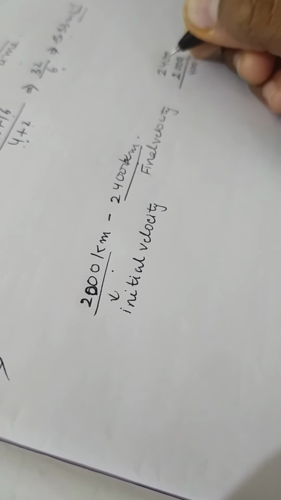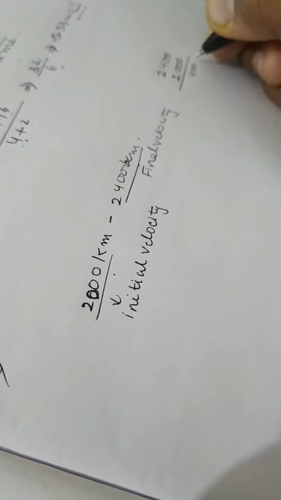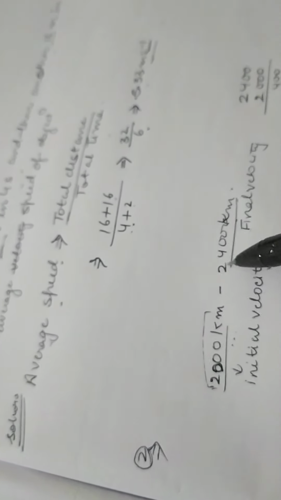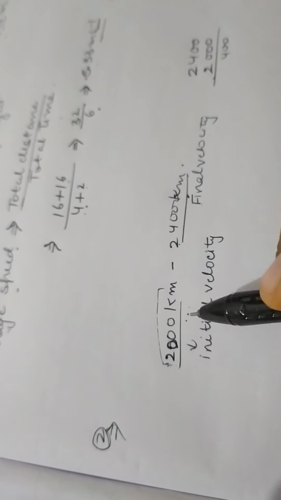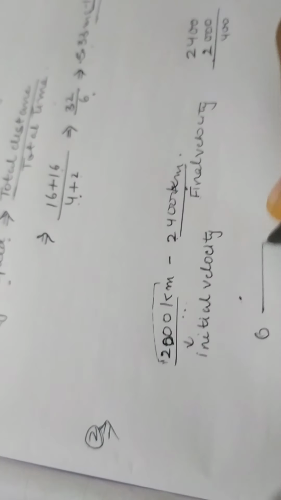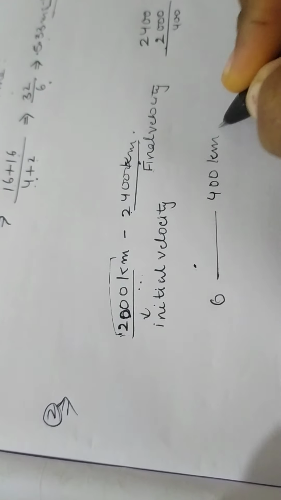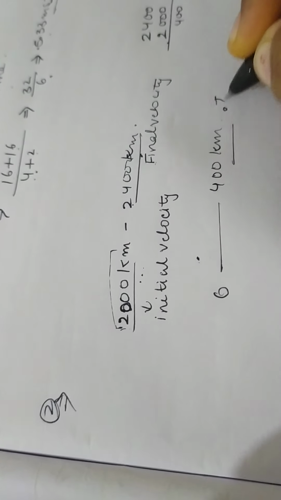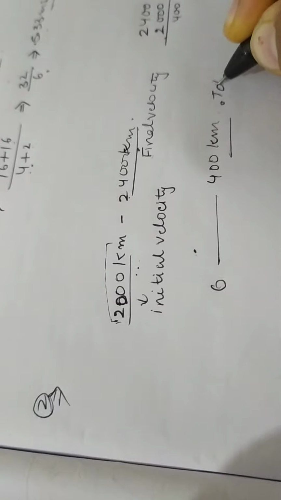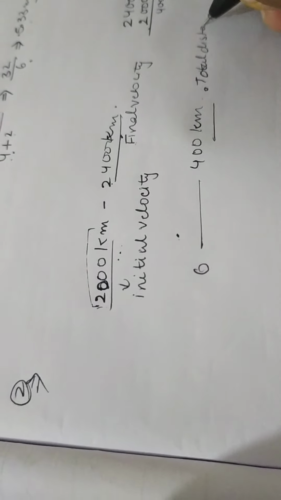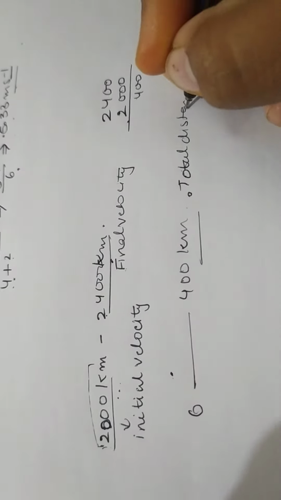If a car starts from 2000 kilometer and goes up to 2400 kilometer, then we can think that if the car started from zero, the distance would have reached the full 400 kilometer. So this is our total distance that the car has covered.